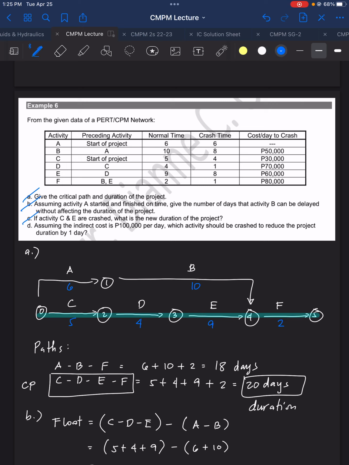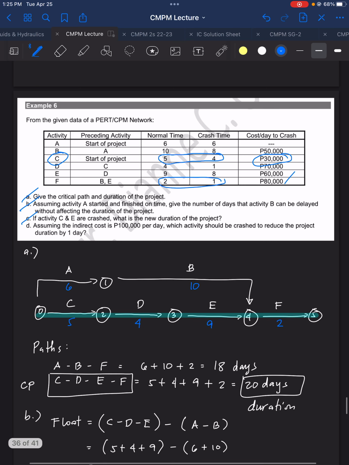The most economical, and I'm eyeing it, is 30,000 pesos. So, activity C, it's 5 minus 4. You have 1 day to crash, and that costs only 30,000 pesos. Look at activity F. If you crash activity F, that would be very expensive, because that means 80,000 a day.